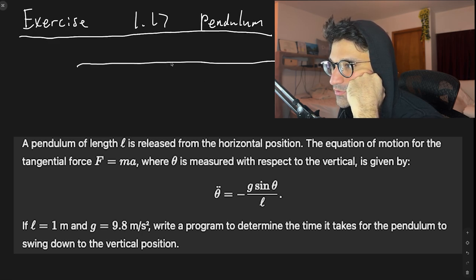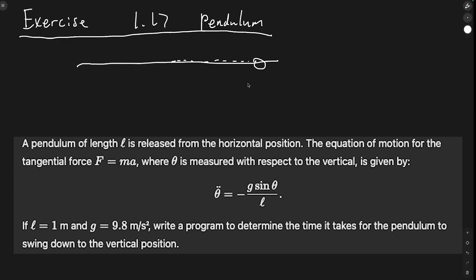It's released from the very horizontal position, right? So that means that theta of 0 is 90 degrees, or pi over 2. Right?